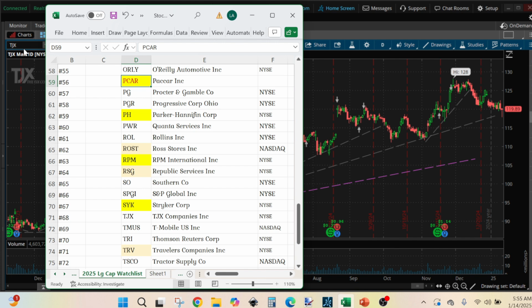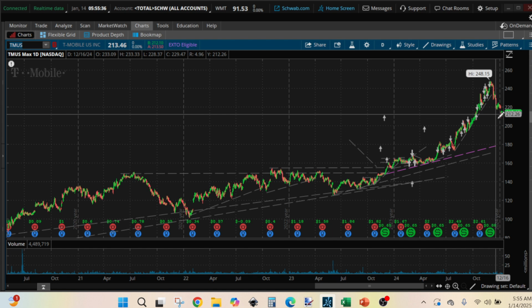So TMUS, we purchased quite a bit on this line, but right now it's going down, and we like to wait on it on this line. I just feel like this line is quite. Let's go to the maximum monthly chart. Okay, we do have this trend line.